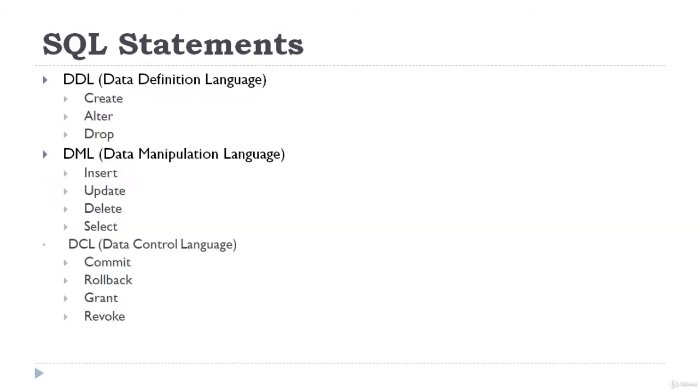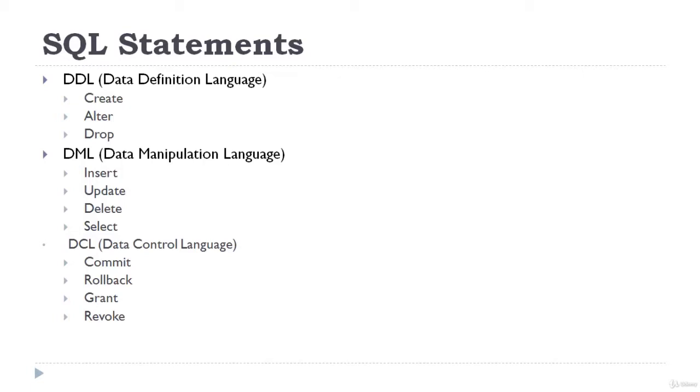SQL statements are broadly classified into three types: data definition language, data manipulation language and data control language. In data definition language, we have three statements: create, alter and drop.